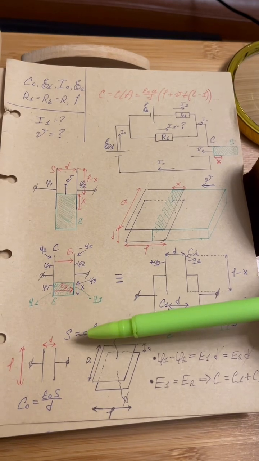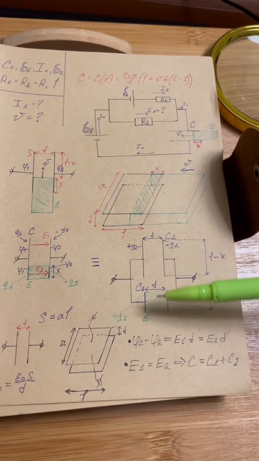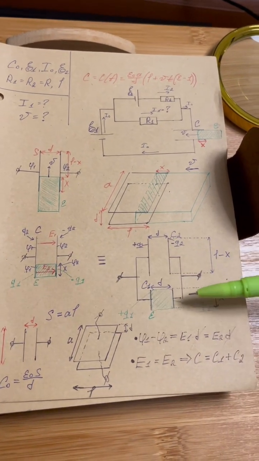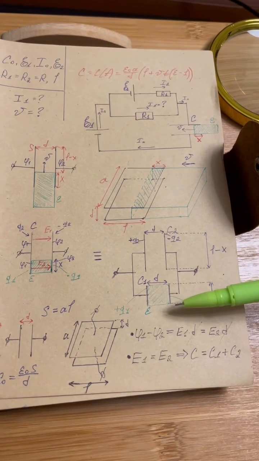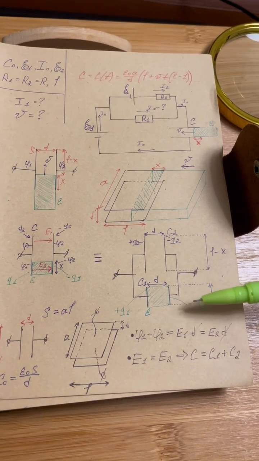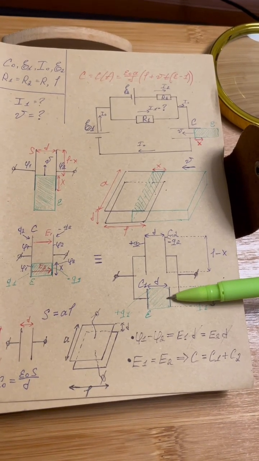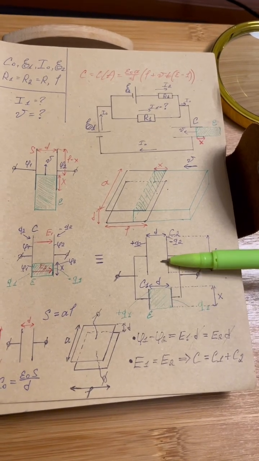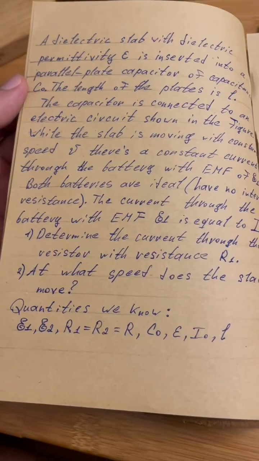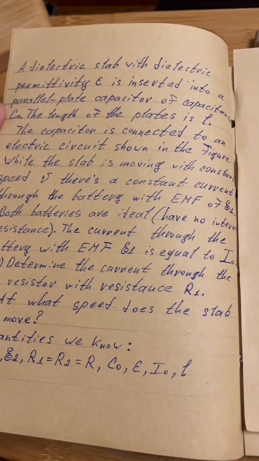So it means we can consider this system as two capacitors that are connected in parallel to each other. One with the dielectric slab inside, another one without it. So it's just air or vacuum here, doesn't matter. This is the problem itself, and I will start solving it.